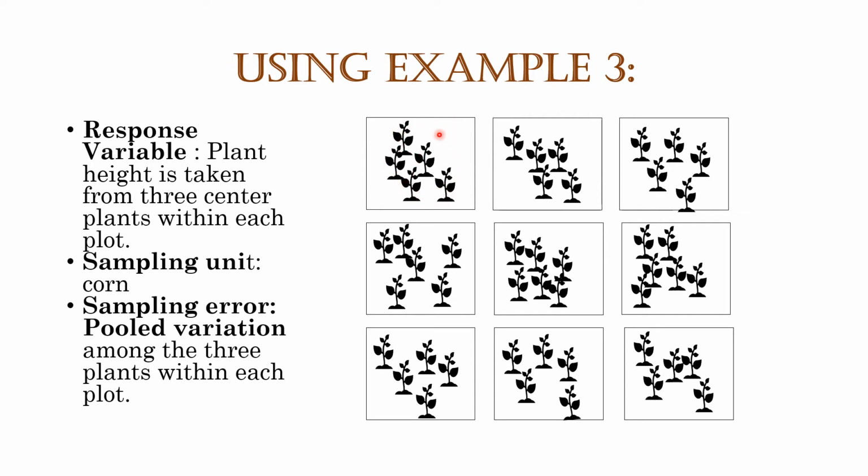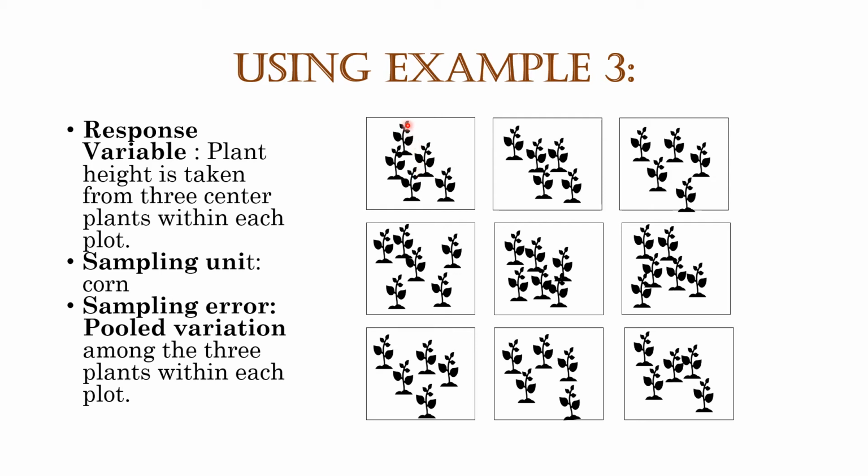They are treated the same, however, they have a difference in their response variable and response characteristic. So when we say sampling error within the experimental unit, they have received one treatment, however, they have yielded a different response.